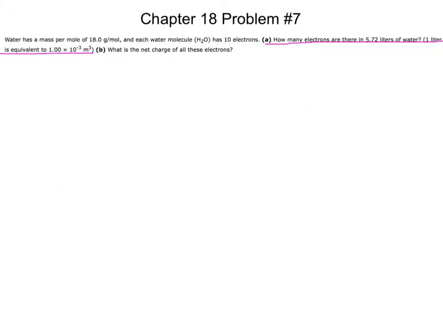So we're going to use N equals 10 n times NA.